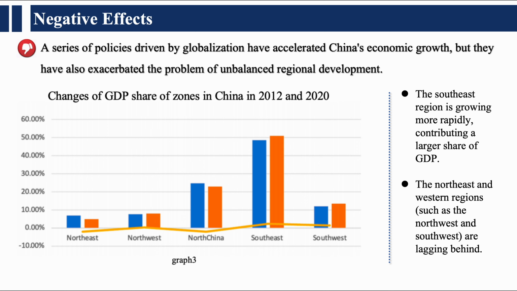This disparity, as shown in the graph of GDP share changes between 2012 and 2020, underscores the need for further policy adjustment to address unbalanced regional development.